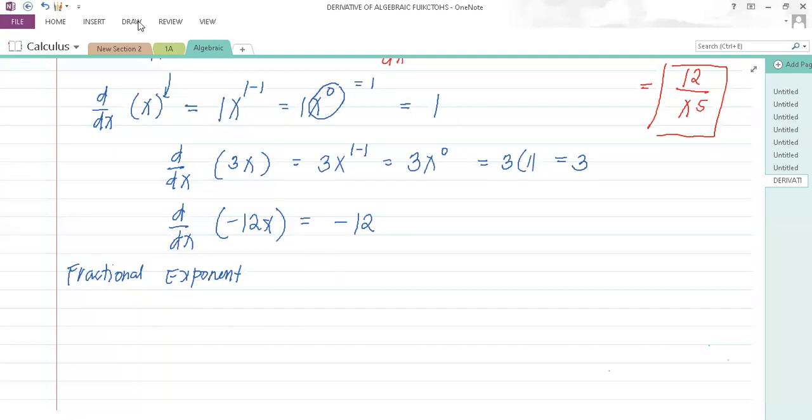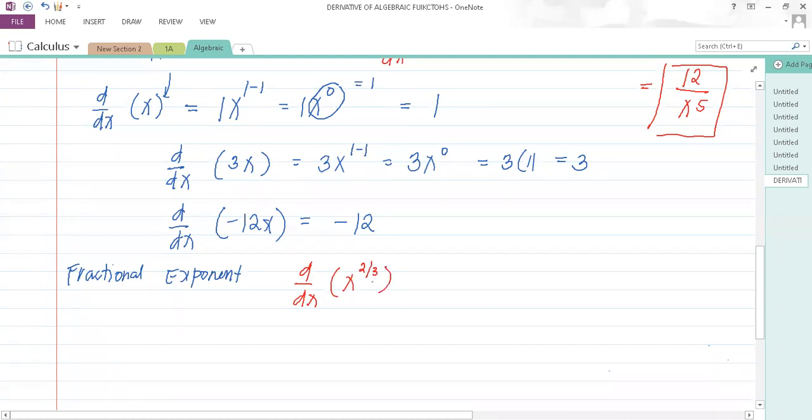Say, we are going to solve for the derivative d dx of x raised to 2/3. The same pa rin yung procedure natin. Multiply the exponent by 1 kasi wala tayong coefficient dyan, that is equal to 2/3. X raised to 2/3 minus 1.